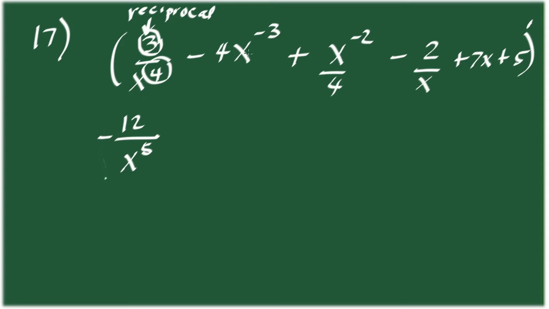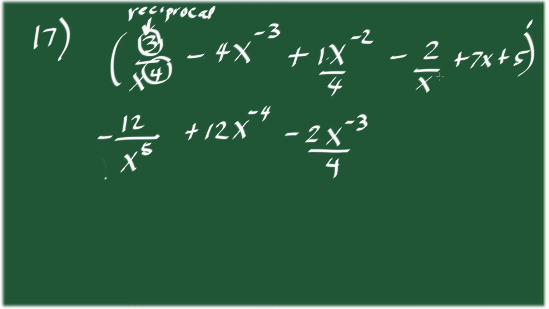Now for negative 4x to the negative 3, that's simple power rule. Negative 3 times negative 4 is positive 12, and then x to the negative 3 minus 1, negative 4. Now here it's understood to be 1 times, so that's negative 2 x to the negative 2 minus 1, which is negative 3 over 4.